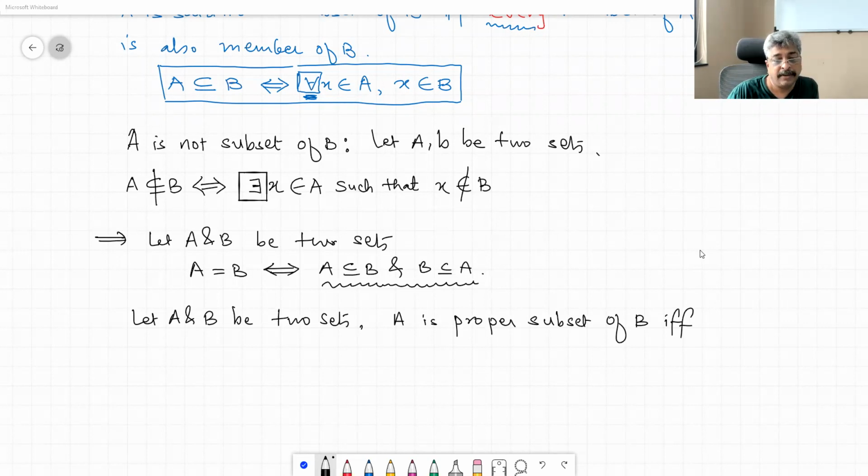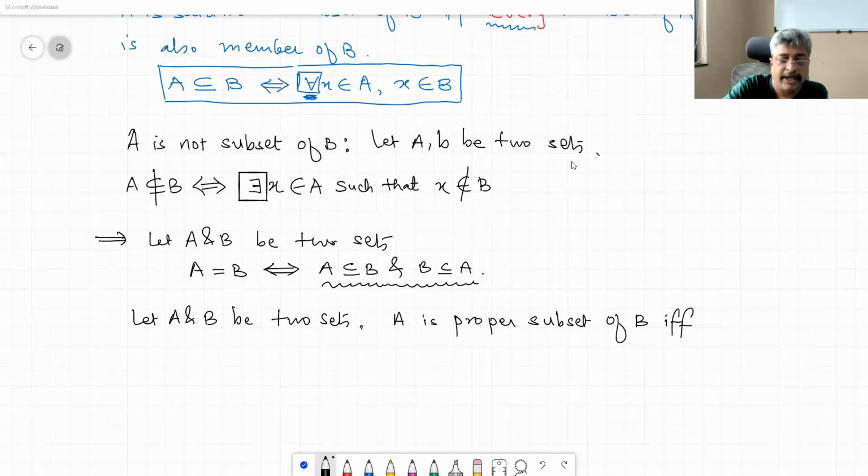We should understand that. We are part of this universe, all of us. If we consider the set of 11th standard students, then they are a proper subset of the entire universe. So proper subset means there has to be a bigger set and some elements of that bigger set create another set, and therefore we say the other set is a proper subset of the bigger set. That is in English, what we mean by proper subset.